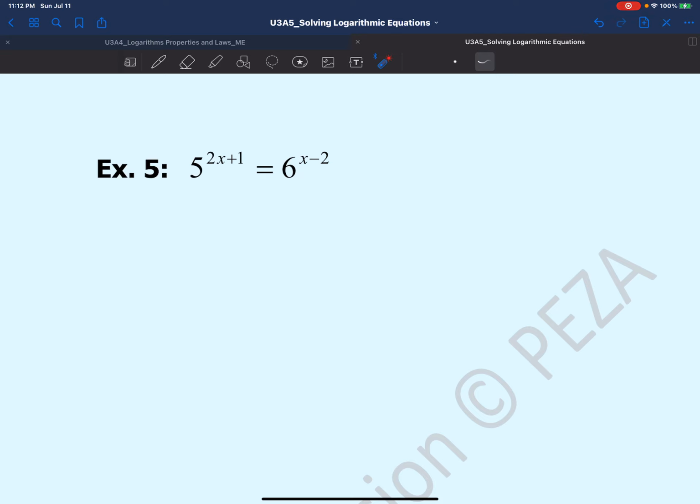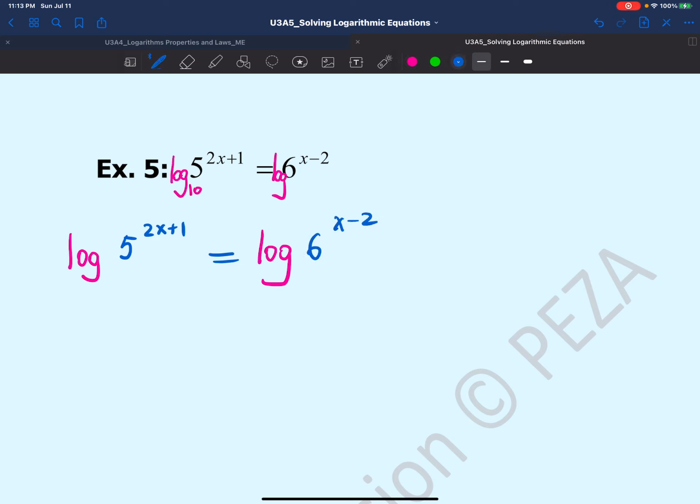So what we do in this case, and it's a very common method of solving equations, is we're going to take the log of both sides. I would take the log with base 10 of both sides. So now we have log of 5 to the power of 2x plus 1 equals log of 6 to the power of x minus 2.